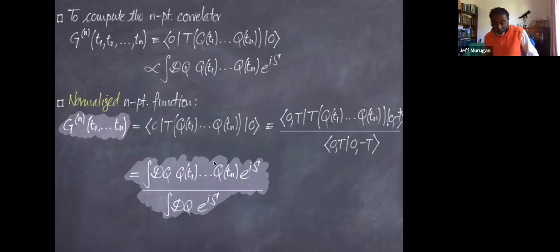To compute the numerator of this quantity, because the denominator is easy enough to calculate, we're going to imitate what we did in the quantum mechanics case that we worked with previously and add a source term.